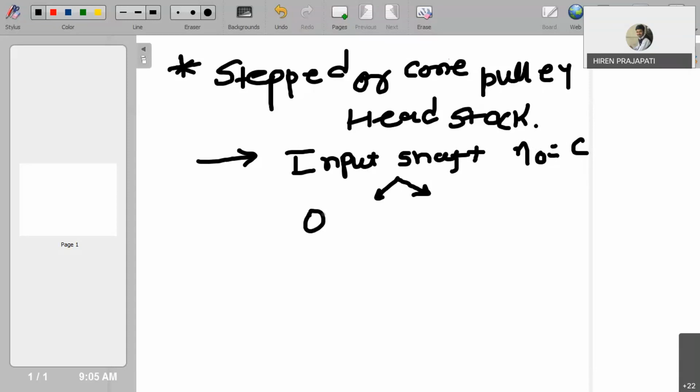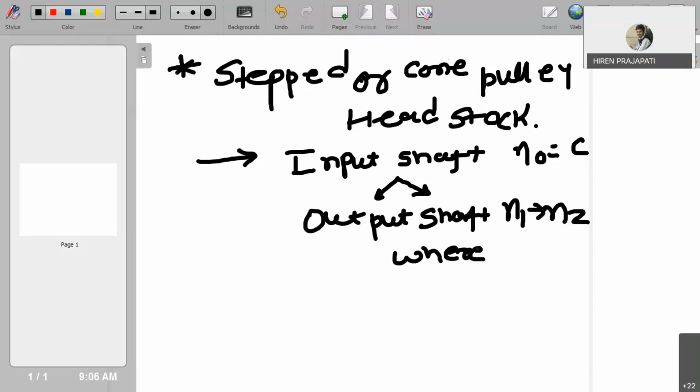So on the output shaft, we get from N1 to NZ RPM, where Z stands for the number of speeds, right?